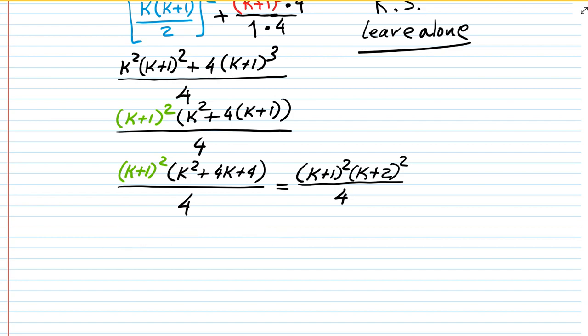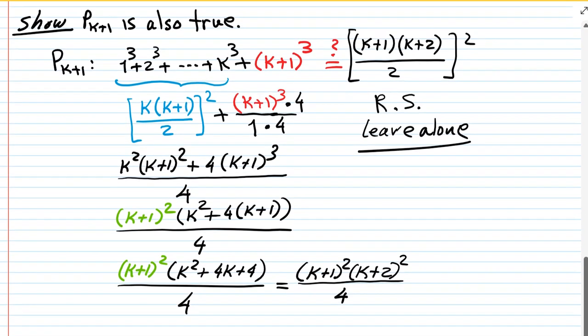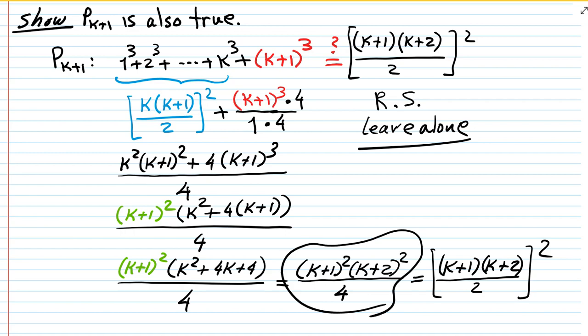And what can I do next? Looking at the right side, right in here. Indeed, we have the right side. We can write this whole thing as k plus 1, k plus 2, divided by 2 quantity squared. I just rewrote this as one expression, one fraction to the second power.